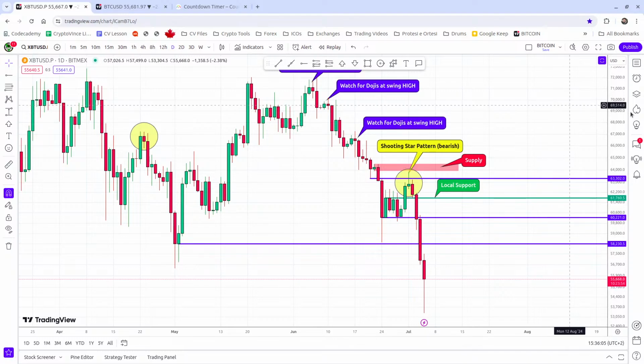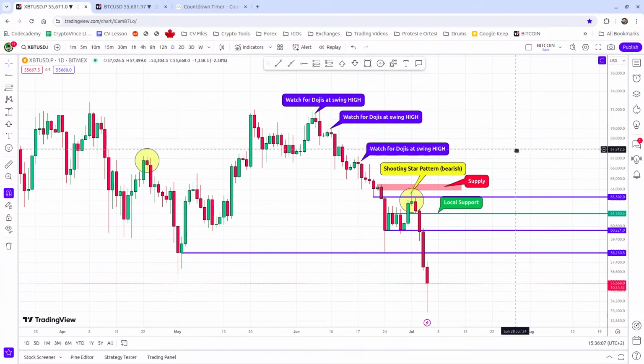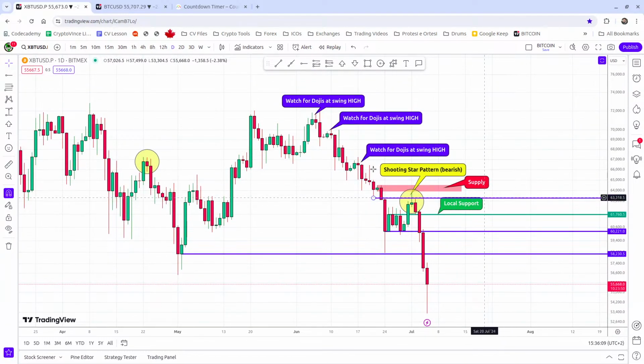I wanted to show you guys how important a doji could be on a swing high. You can see here at the top of this uptrend, the doji signaling this indecision brought the trend downward. Then price went up, made the lower high, doji, and price dropped.